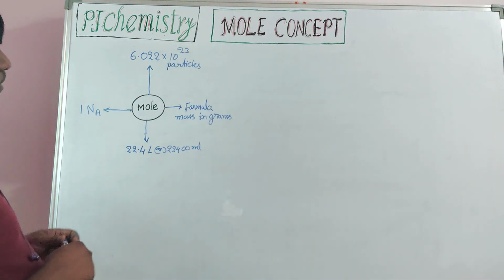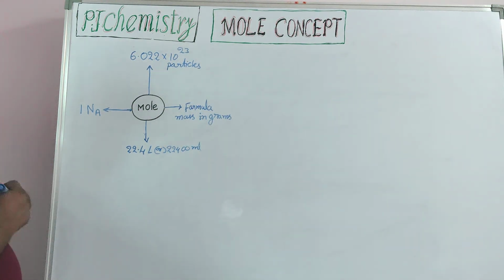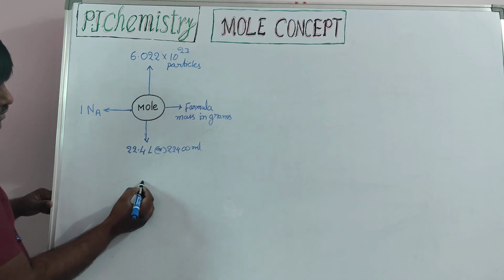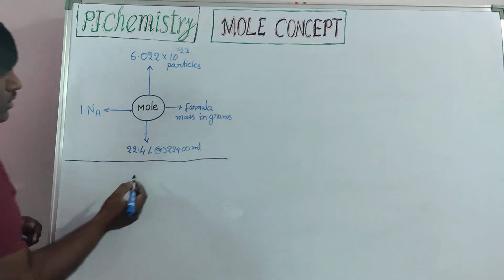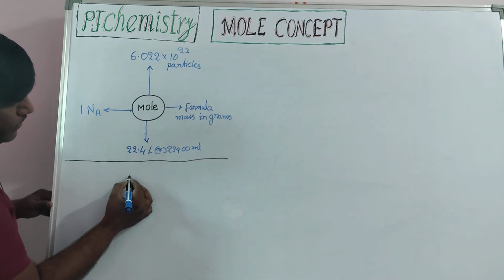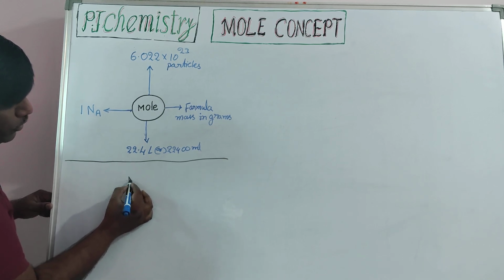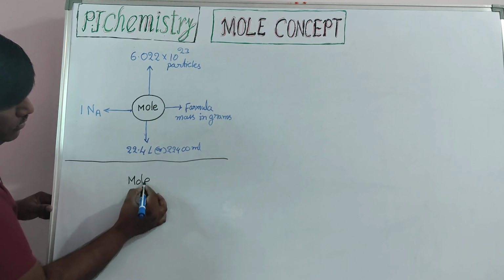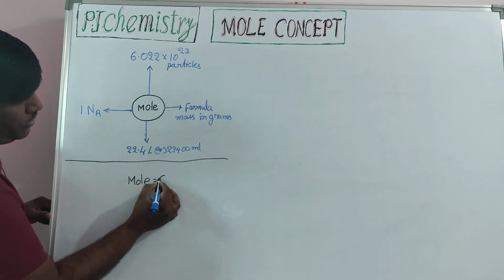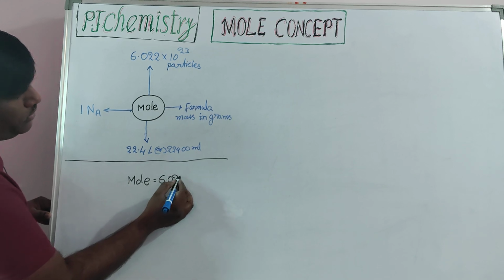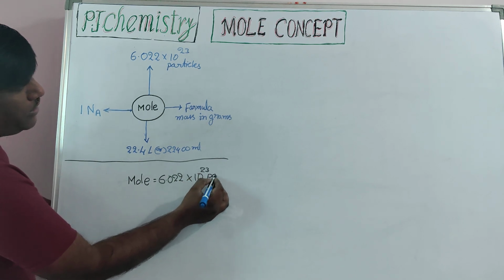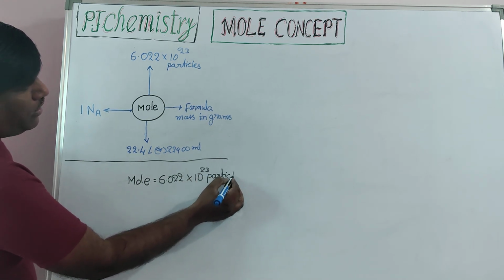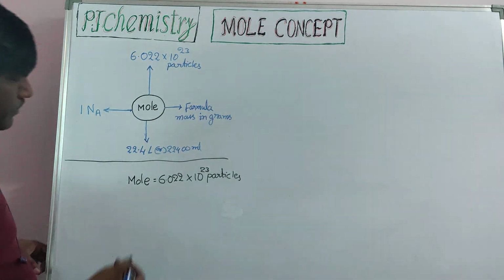And one more, very easy to follow. This is one more. Mole. 1 mole is equal to 6.022 into 10 to the power of 23 particles. Triangle method.